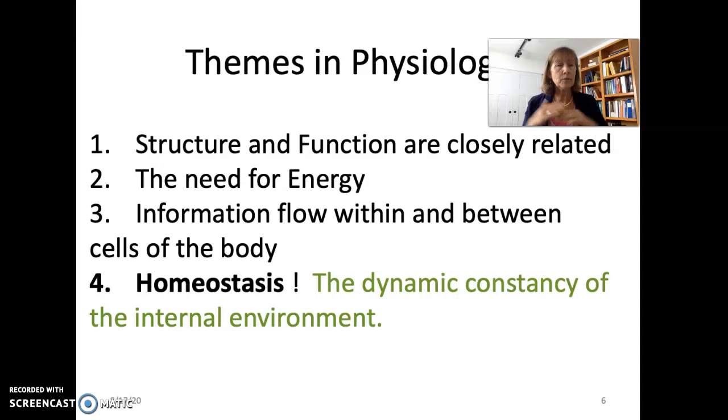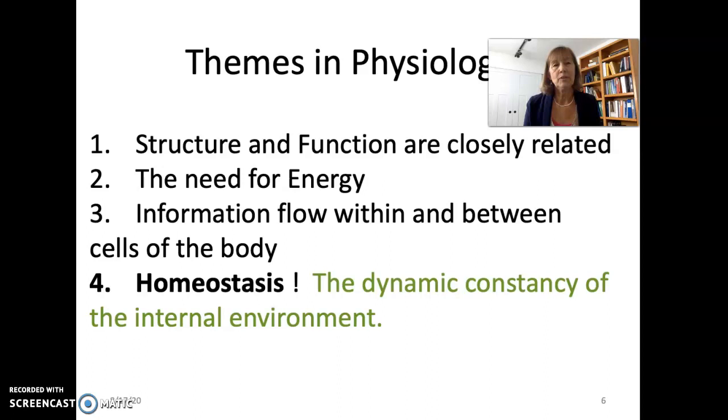It's dynamic because we don't stay exactly at that level. We fluctuate a little bit, but we're always trying to level it out when it comes to temperature, when it comes to blood sugar, when it comes to pH. How the body maintains that internal environment at a pretty narrow constancy is probably the most important topic in physiology.